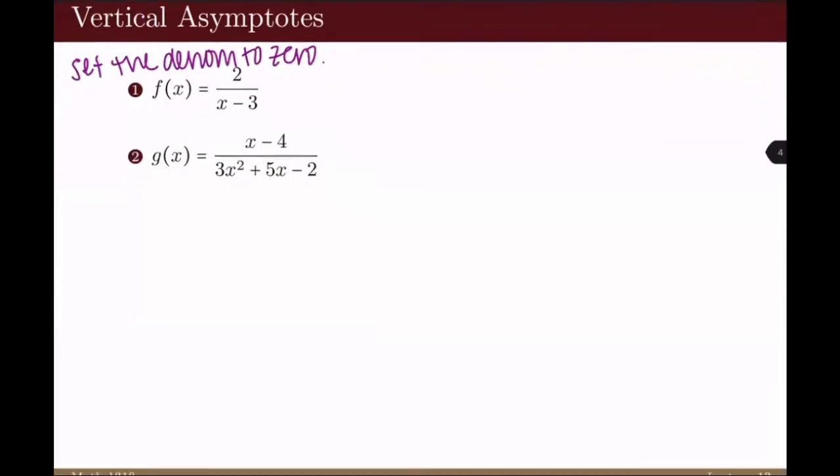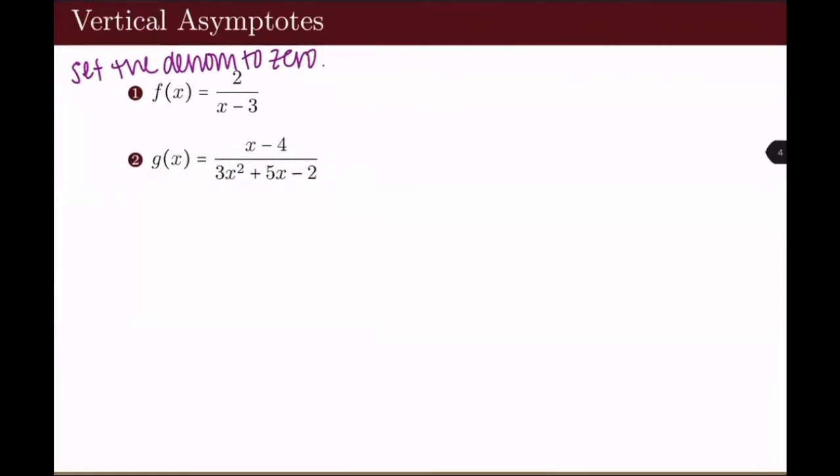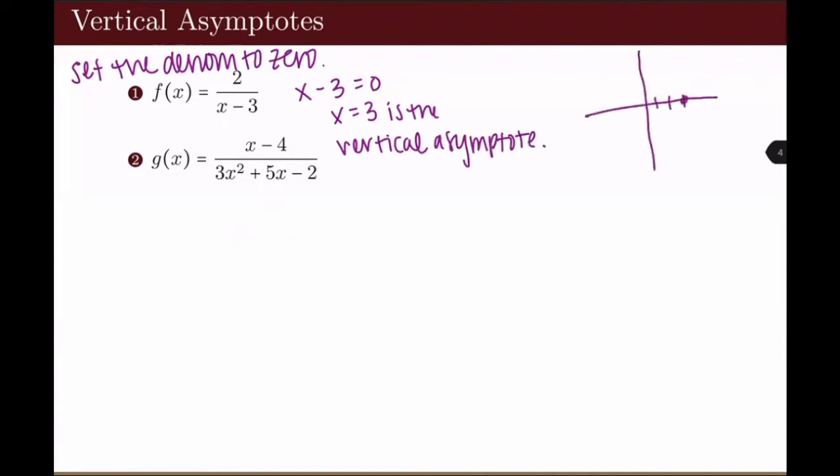So for f, we'll have x minus 3 equals 0, which means x equals 3 is the vertical asymptote. In a picture, here's x equals 3 right here, I put this dot.